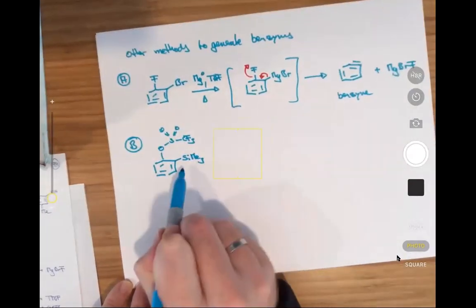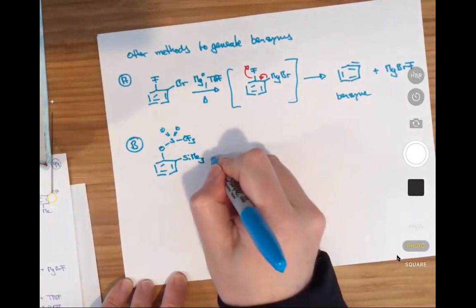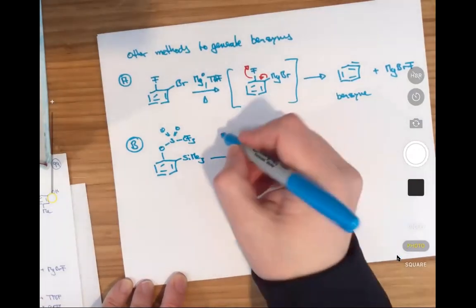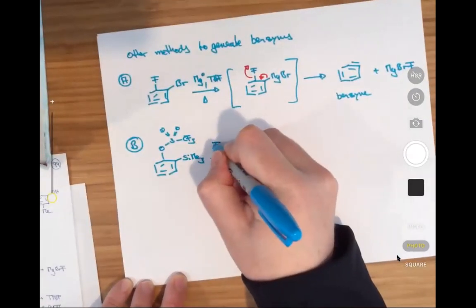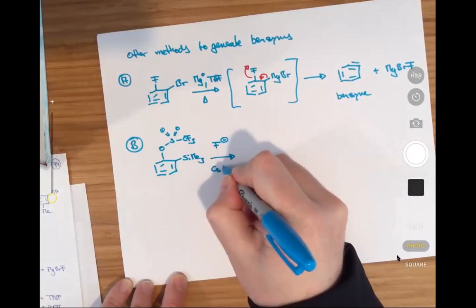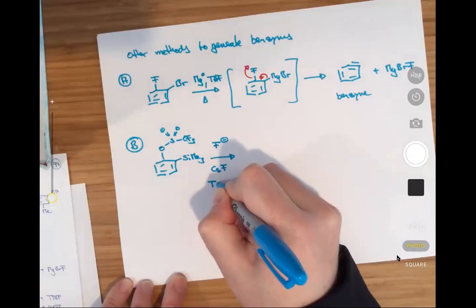And the way we basically get rid of this trimethylsilyl group is the standard way that we cleave silyl groups, and this is usually with some form of fluoride source, so F-. This could, for example, be cesium fluoride or tetrabutylammonium fluoride. We've seen this before, TBAF.